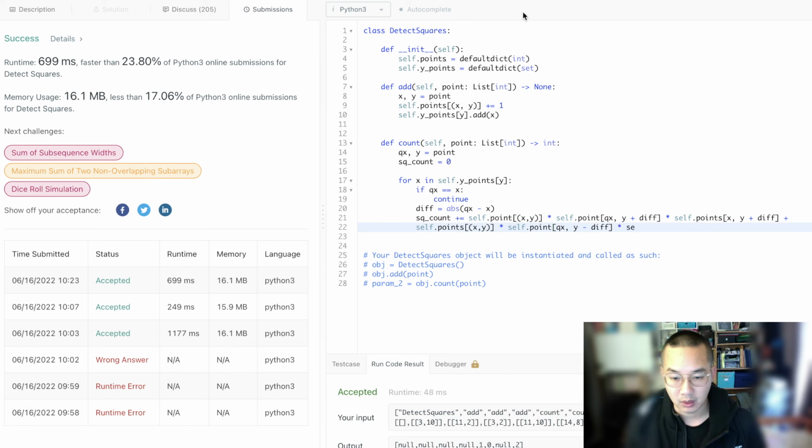Oh, there's a problem here. This is supposed to be a tuple. This is x and y minus diff.